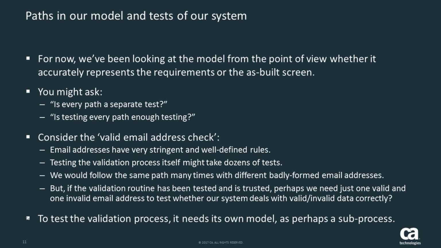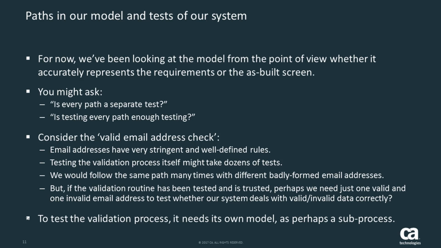Now, suppose the email validation routine is a library that we reuse from our infrastructure. It's been tested and used many times. It's trusted. We don't need hundreds of poor email addresses to test the path that we are concerned with. So perhaps one invalid email address and one valid email address is enough to test whether our system deals with the valid or invalid data correctly.